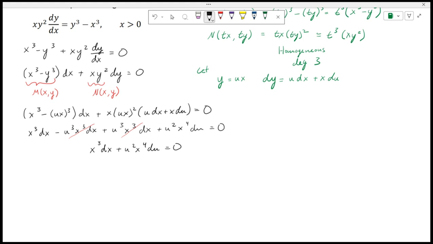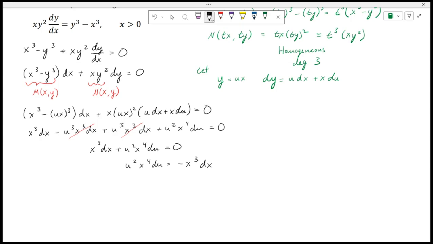Okay, so I'm going to split this up. I'm going to keep the u's on the left side since those are related to my y, and that is my independent variable that I ultimately want to solve for. So I'm going to leave the du on the left side and move all the x's over. So that's going to be u squared x to the fourth du equals negative x cubed dx. And then I need to divide by x to the fourth to separate the variables.